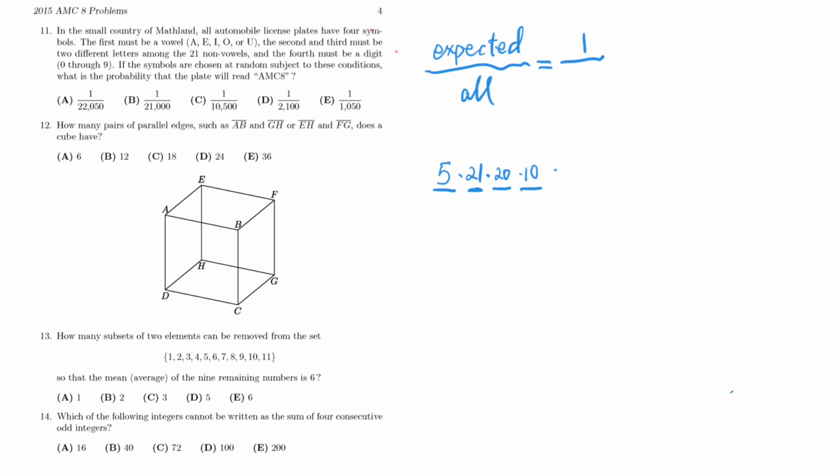The total is 5 times 20 times 21 times 10, that's 1,000 times 21. So the total events is 21,000. So the probability is 1 over 21,000. That's the answer B.